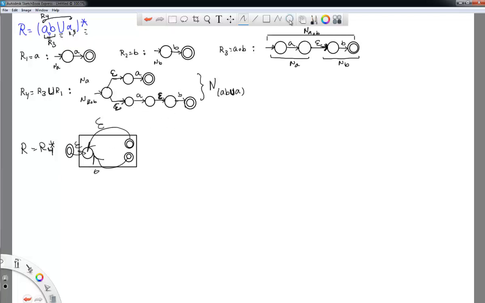So how am I going to do that then? So the N of AUB has the start state and then two accept states like that. Oops, make it a little bit neater.